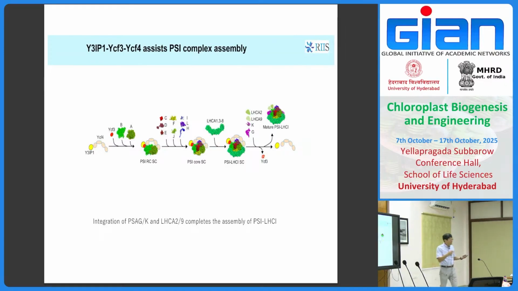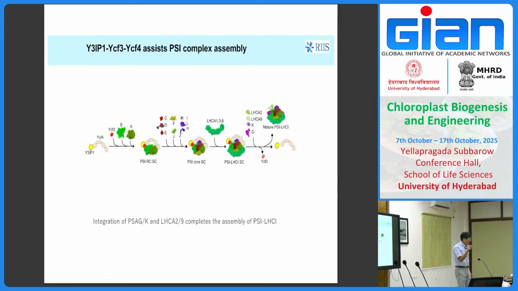If you try to look at assembly intermediates using wild type chloroplasts, there is a huge amount of mature PS1 and only a tiny amount of assembly intermediates.